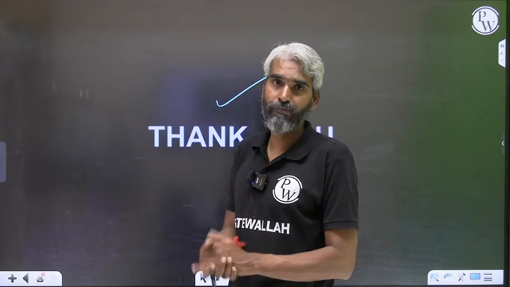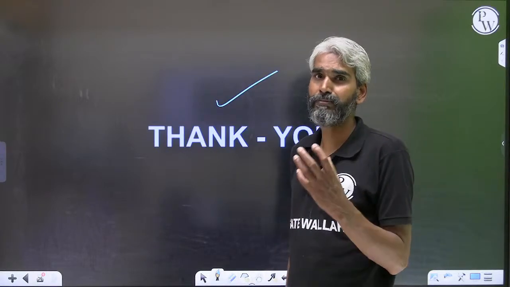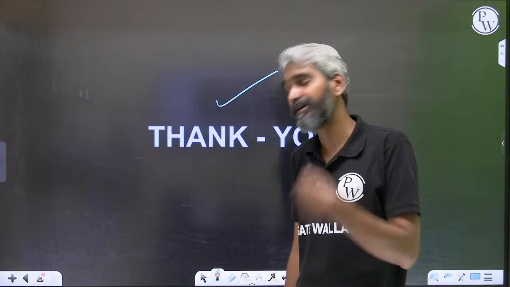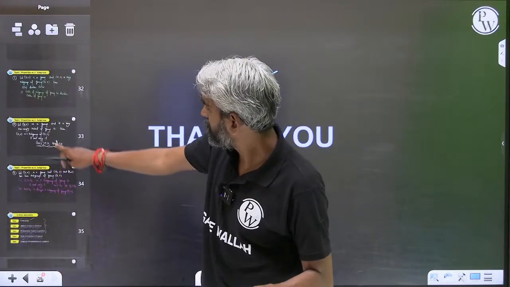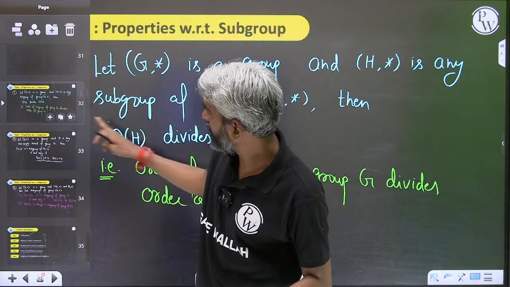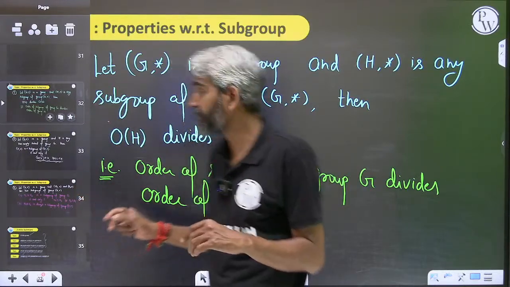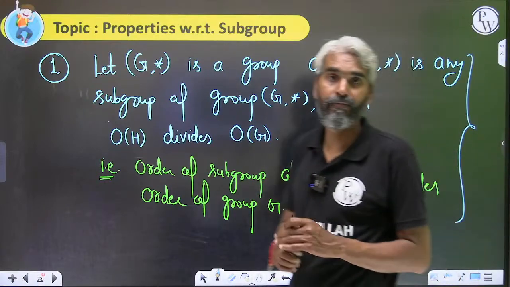Tomorrow's session will be very important because there are some specific properties of the group from which questions can be directly asked. If you go and check the previous year question papers, in the last 5 years they have asked a question related to this concept thrice in the GATE exam.